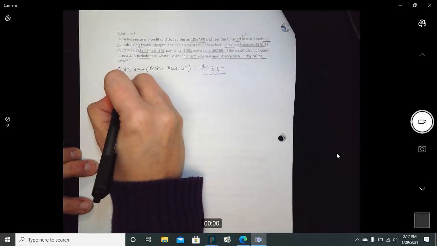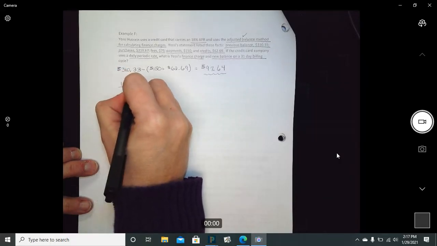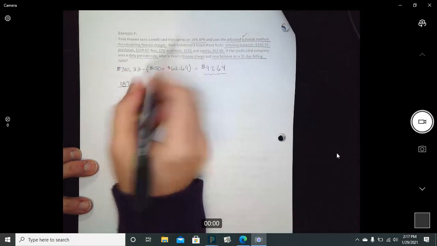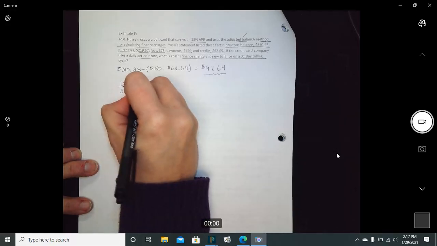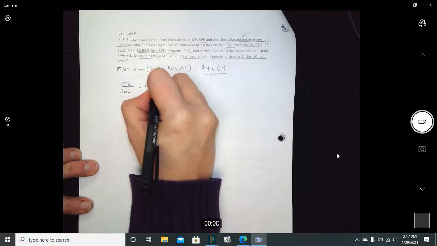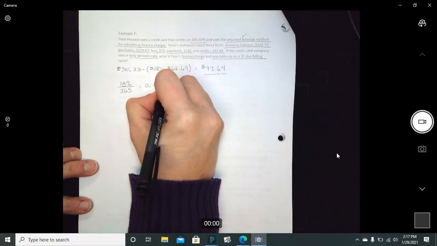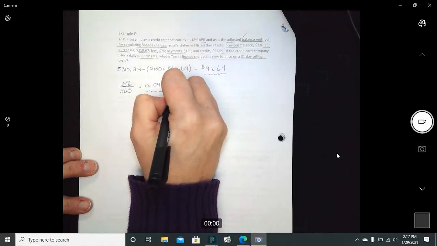Then it says my APR is 18%, and it says the daily periodic rate. So daily is going to divide by 365. So I'm going to have 0.0493%. So there's my percentage. Now I need to find my finance charge.